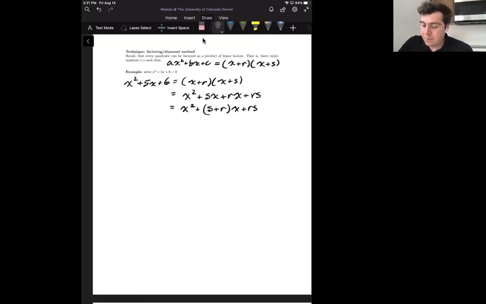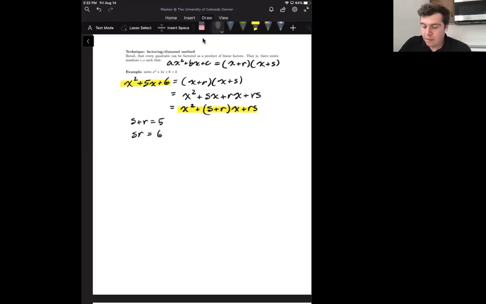Now we see that since this quadratic and this quadratic have to be equal, it must be the case that s plus r equals 5 and s times r equals 6. Now we just have to find numbers that make that work. Sometimes this is really quick, and sometimes it takes a little bit longer.